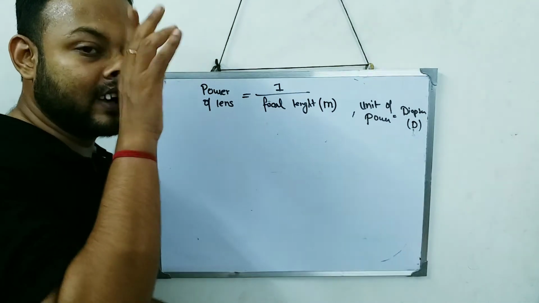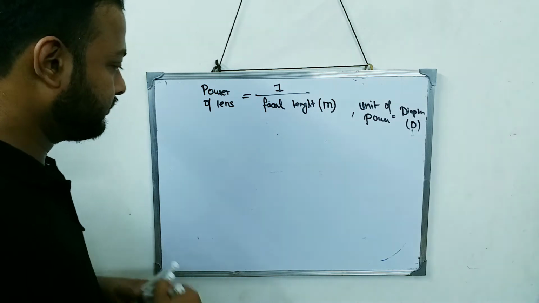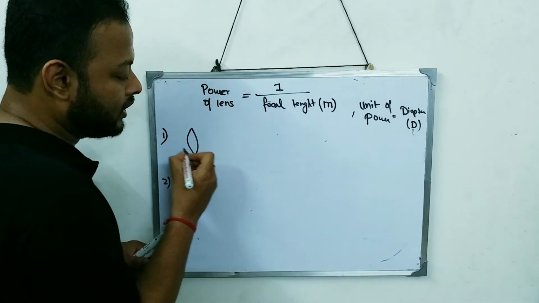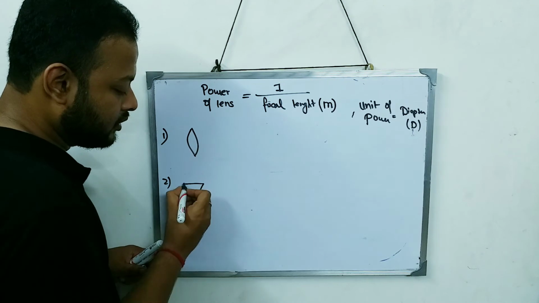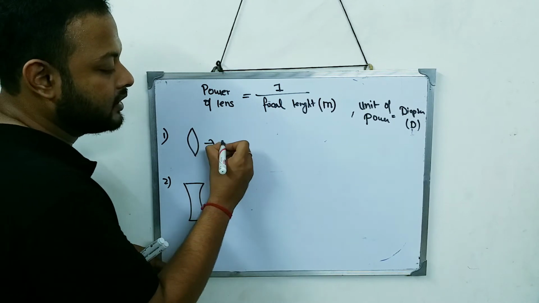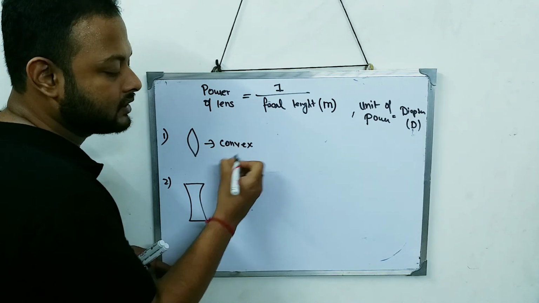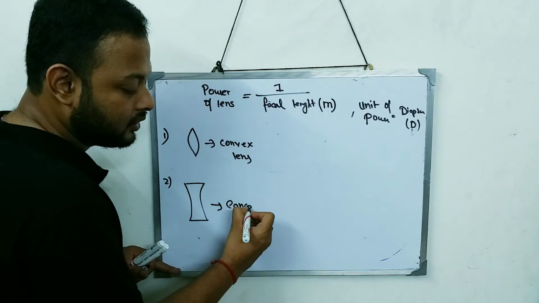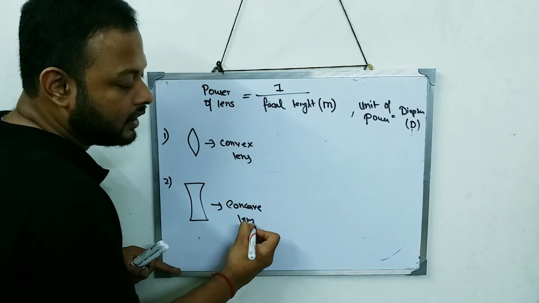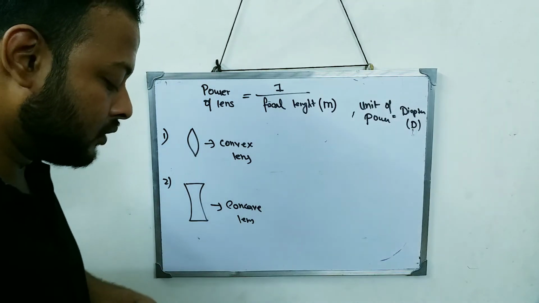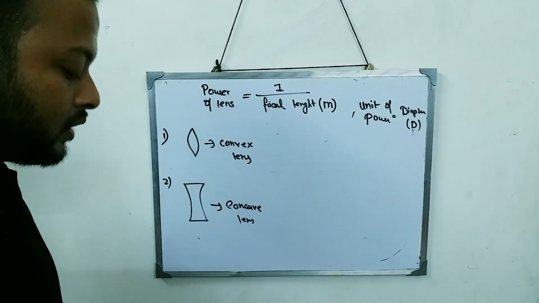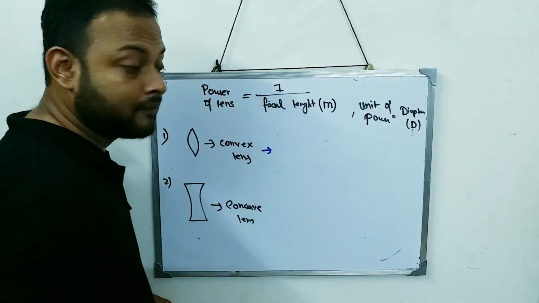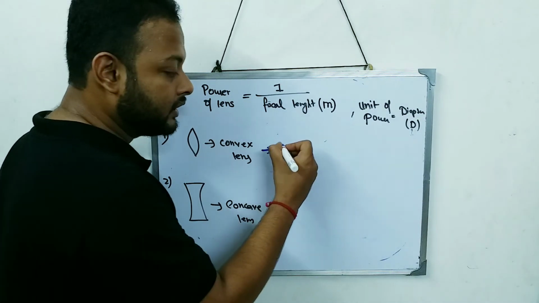Now from here, one small concept. What kind of lens is it? It is a convex lens. What kind of lens is it? It is a concave lens. After doing so many sums, you should be able to understand: for a convex lens, is my focal length positive or negative?